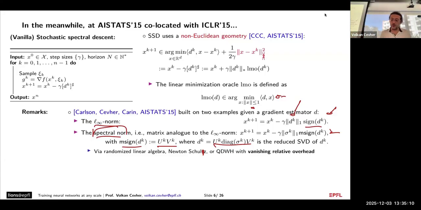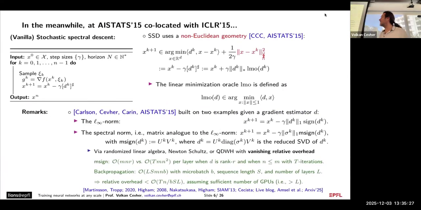All right. Now, the old people here are thinking, hey, SVD, that's expensive. It turns out that none of these operations, when it comes to neural network training, is expensive. In fact, if you consider very large neural network training, they have a relatively vanishing overhead. If your dual feedback is low rank, you can't beat randomized linear algebra.